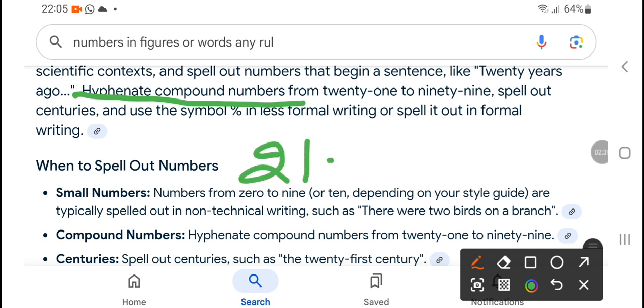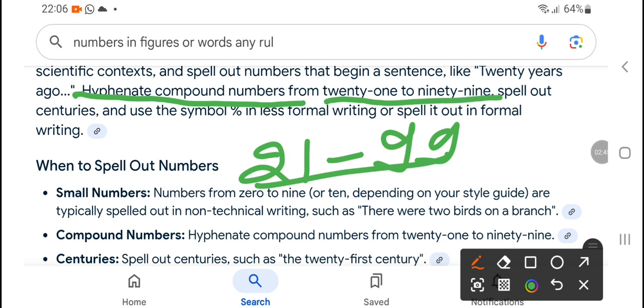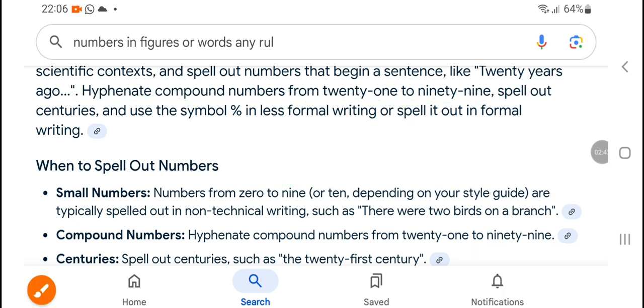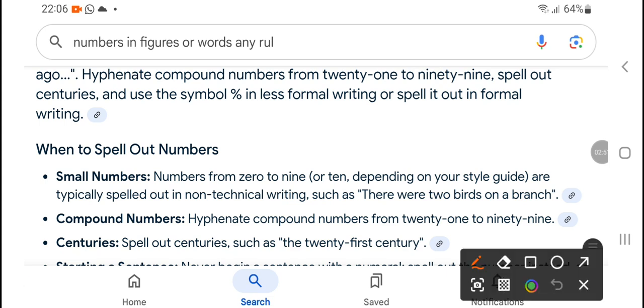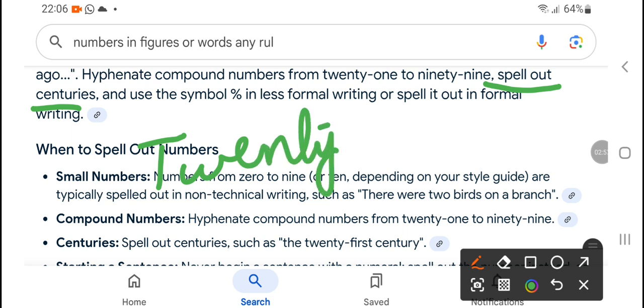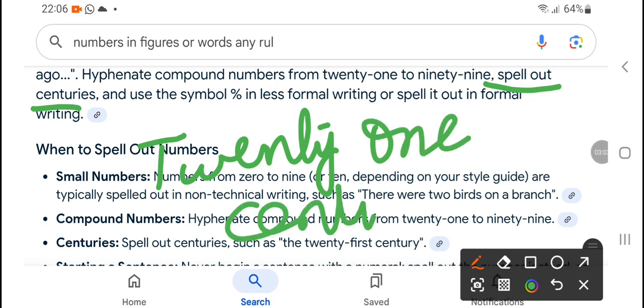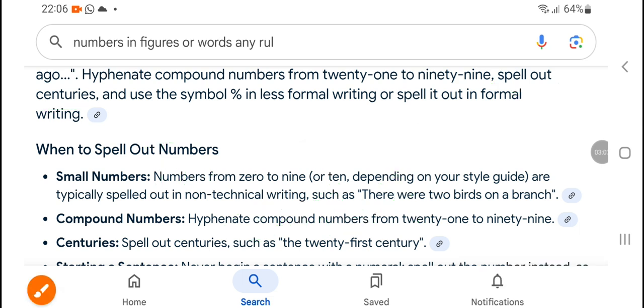This is a rule: numbers 21 to 99 should be hyphenated. Spell out centuries. That's another rule. Centuries, like 21st century, this way, right?